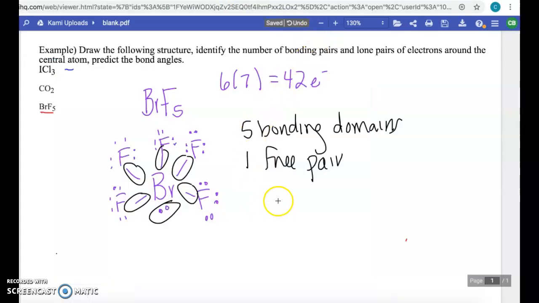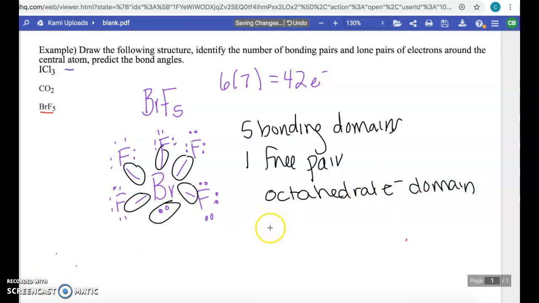When we have 6 electron domains, we get an octahedral shape. So octahedral electron domain, and then we have our square pyramidal molecular shape.